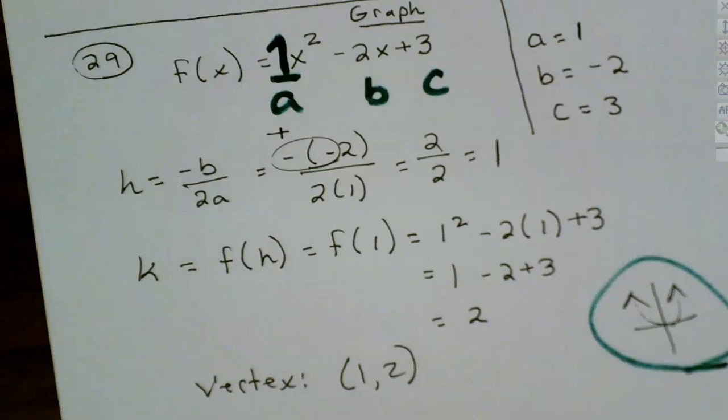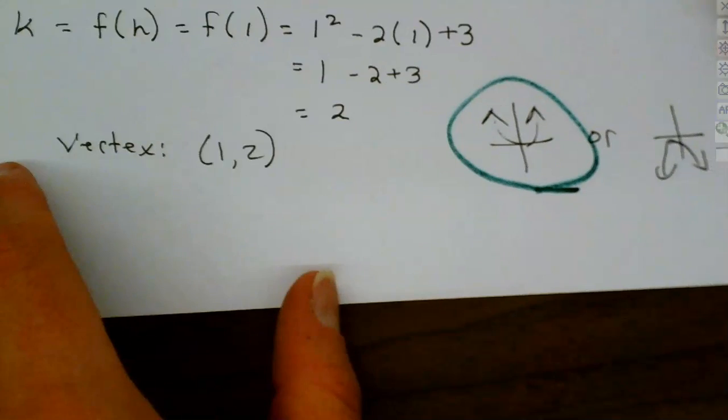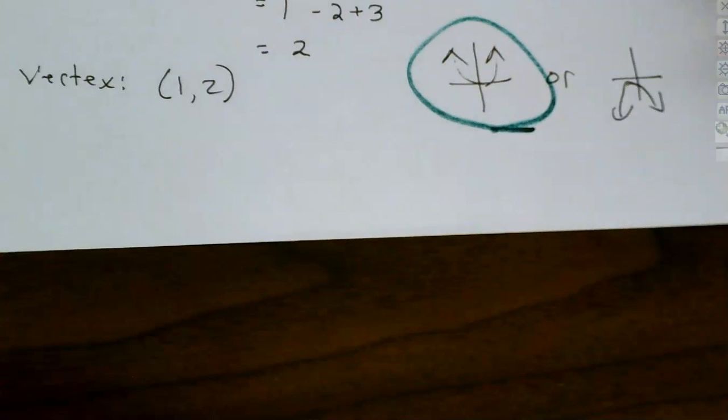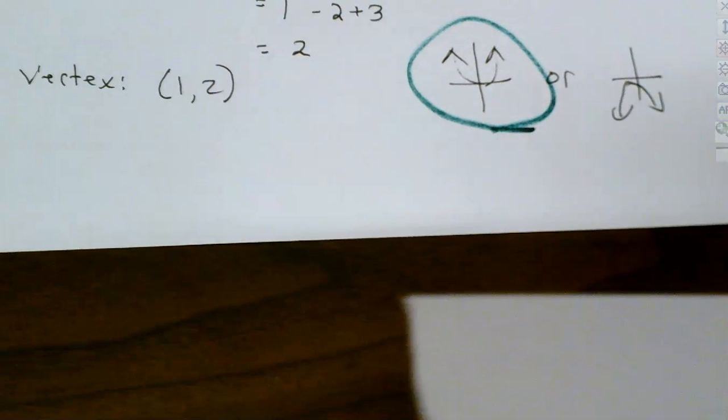So this one's going to be a graph opening up. Now the last one, it had 2 x-intercepts. This one is not going to have any. And let's see why graphically this one has no x-intercepts. Well, if we were to graph it, our vertex is at 1, 2.